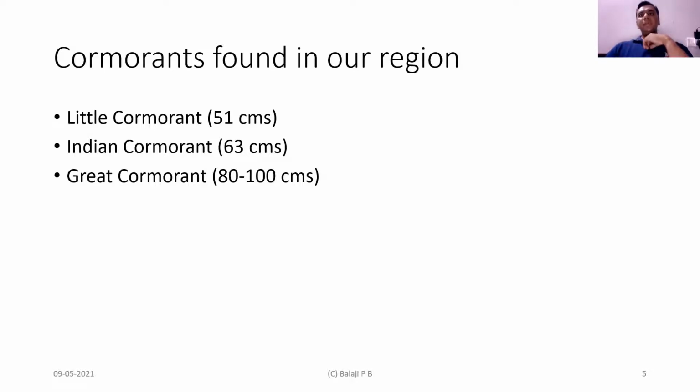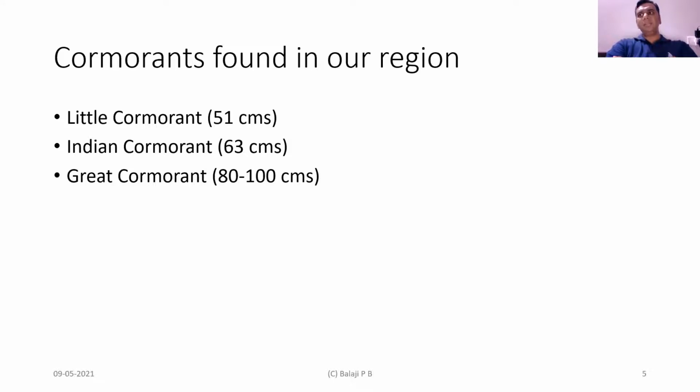They start breeding during the end of the summer months. The reason is that there's a lot of food availability just during the onset of the monsoons. So they time their breeding so that the chicks arrive just before or during the monsoon, and there are a lot of fishes available.